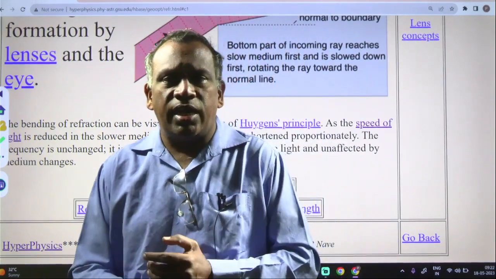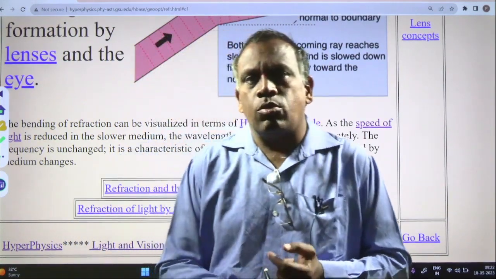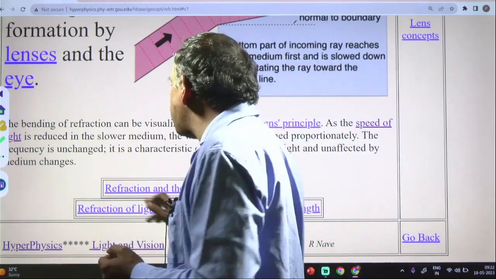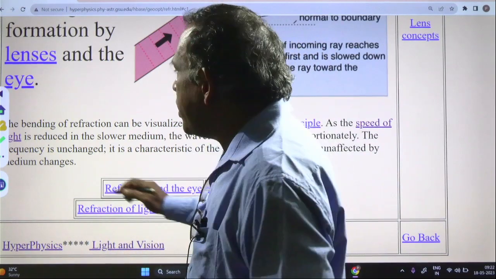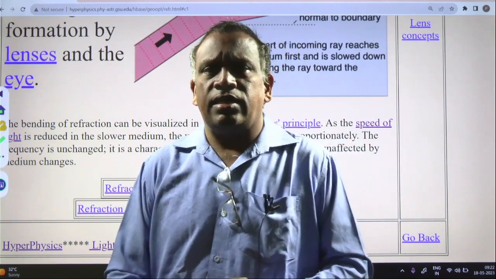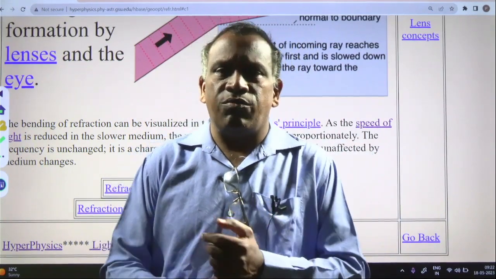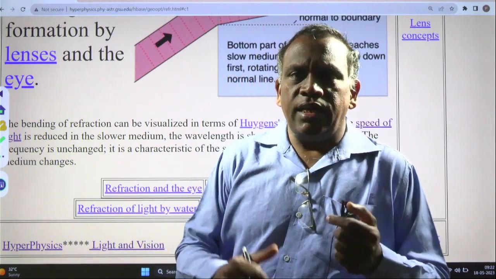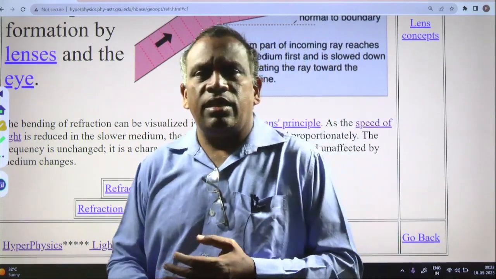But after that, these assumptions were overcome by Huygens theory. What is Huygens theory? Huygens theory explains that light is a wave. Light is emitted from the body in the form of a wave.